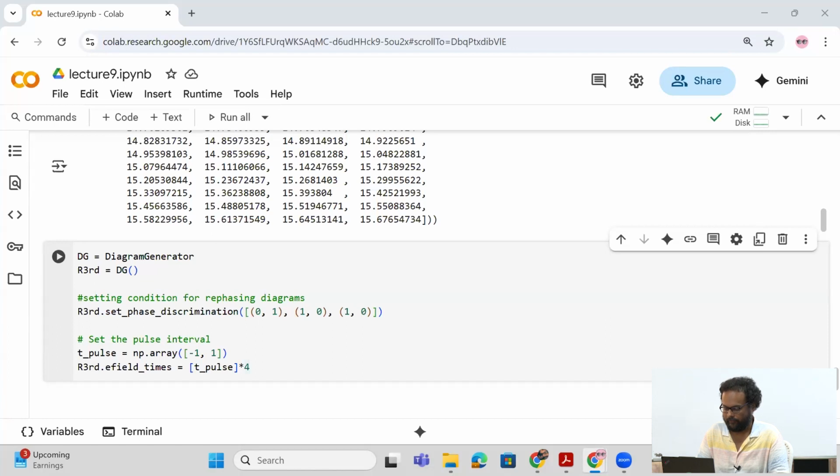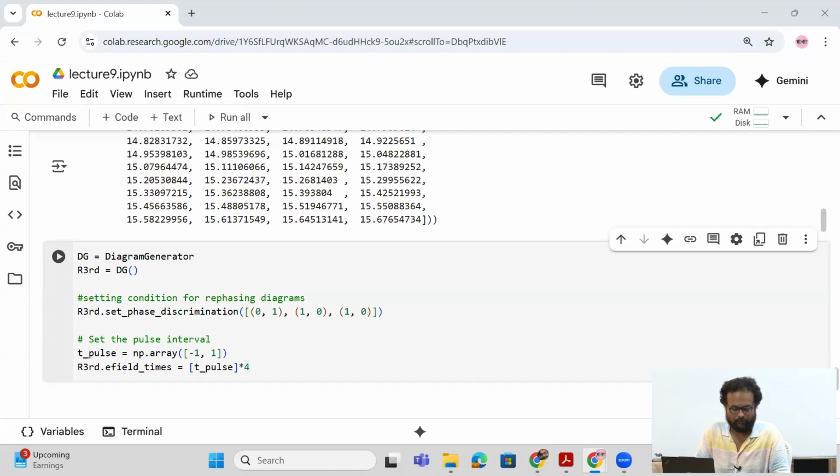So let's say we want to create this at different interactions. You will have field interaction at 0 time. Let's say at 100 femtoseconds the second pulse comes, and at 200 femtoseconds your third pulse comes, and then you measure at 300 femtoseconds. Your observation is there. As I said, you will integrate that, but for the sake of generating the diagrams and ensuring time ordering, you need to define this whole thing, right?